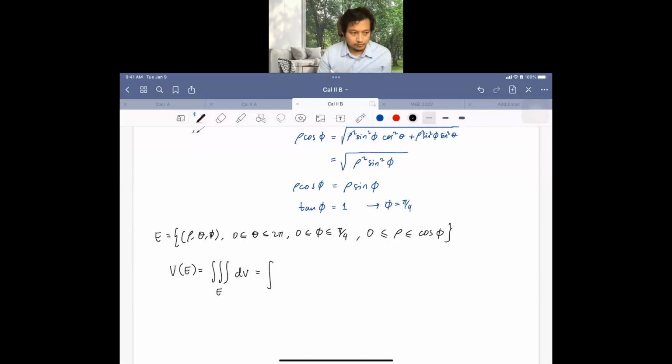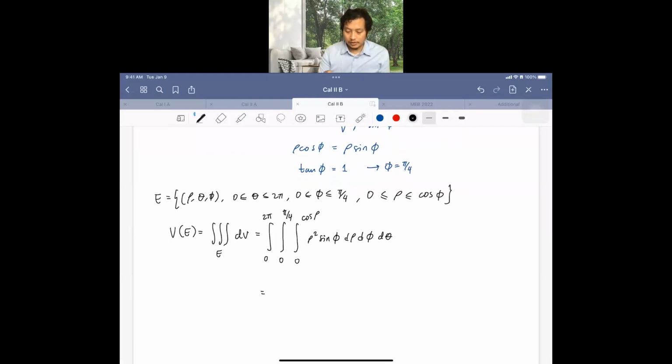Since theta is not related to the other two variables, we could write it as the outside integral, and the second one is psi, and the inside integral will be rho. We write rho squared sine psi, d rho, d psi, d theta.